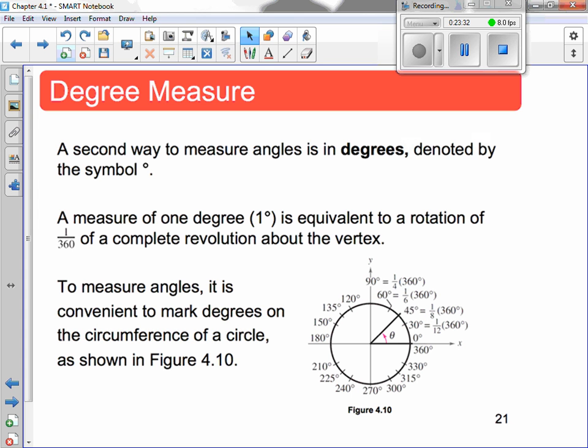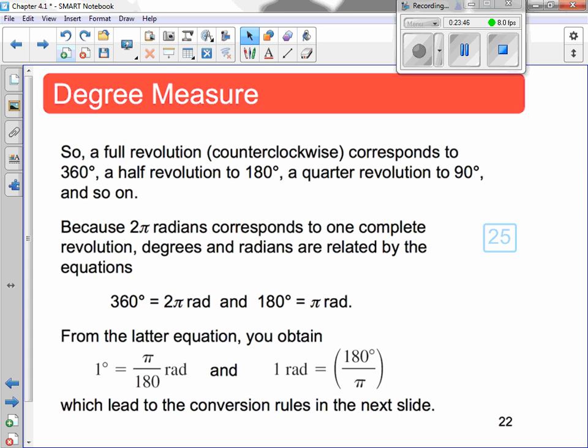Degree measure. So we can talk about this now. A degree measure is equivalent to a rotation of 1/360th of a rotation, because they all add up to be 360. We go all the way around. 2 pi is the same thing. So 1 degree is equal to pi over 180 radians, and 1 radian is equal to 180 over pi.